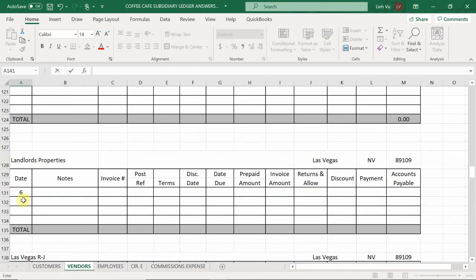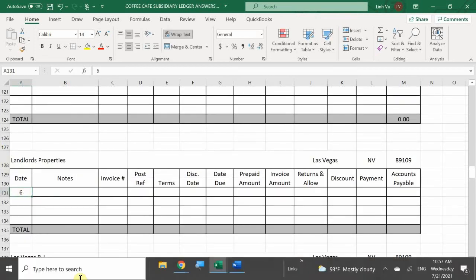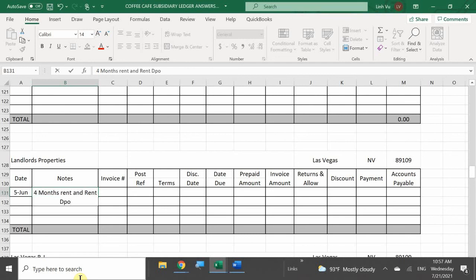Landlord properties, there you go. 6 June, okay? And now landlord properties, what did I do with them? In this case, I paid for 4 months rent and rent deposit. Okay?